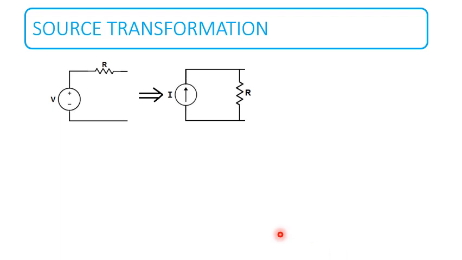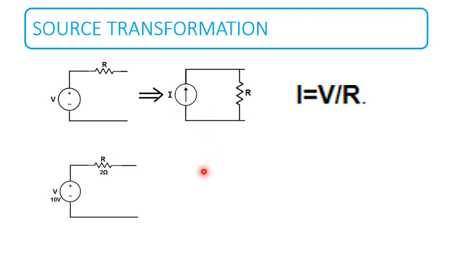Here we have a voltage source in series with a resistor R. It is transformed into a current source in parallel with the resistor R. The resistor value will remain the same. Then what about the magnitude of current I? This current source should have a magnitude such that I is equal to V divided by R.